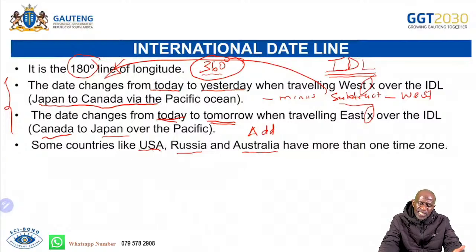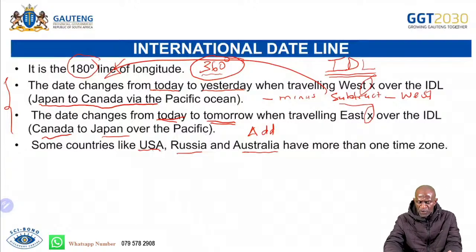It is the same time that you'll find in Mbombela. So we have only one time zone, which is derived from a +2 line of longitude, whereas countries like USA would have some cities like New York, you'll find it at -5, Dallas occupying a different time zone, and so forth.